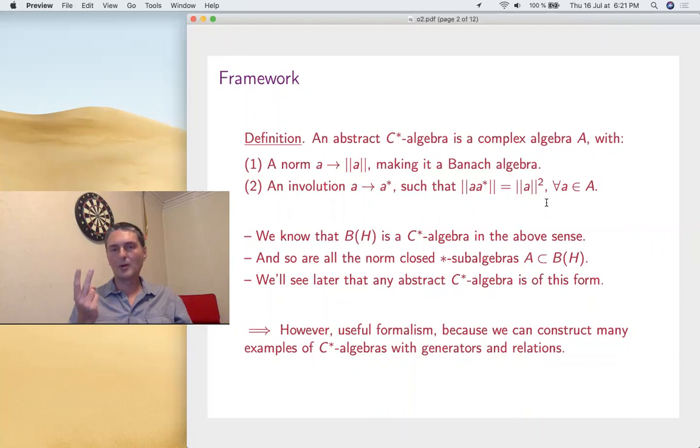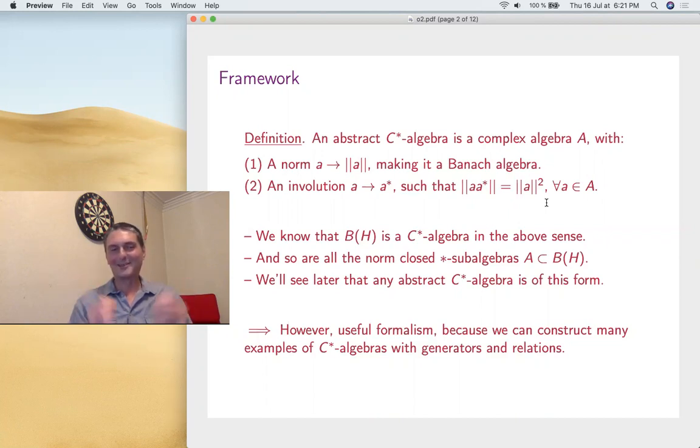We also saw that norm-closed star subalgebras of B of H are C-star algebras in this sense. And we'll actually see later that any abstract C-star algebra appears as a norm-closed star subalgebra of B of H. So it's the same thing: abstract C-star algebra in this sense, and concrete C-star algebra in the sense that it's a norm-closed subalgebra of B of H. However, it's better to do it in this abstract way because we don't lose anything, right?